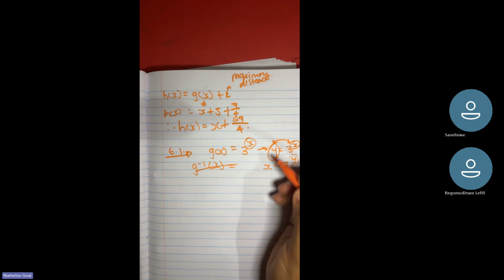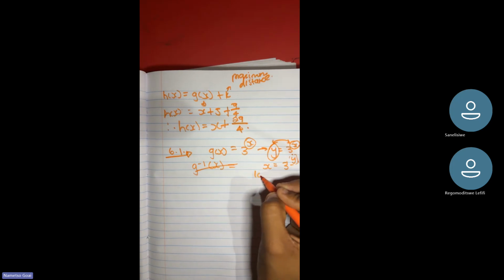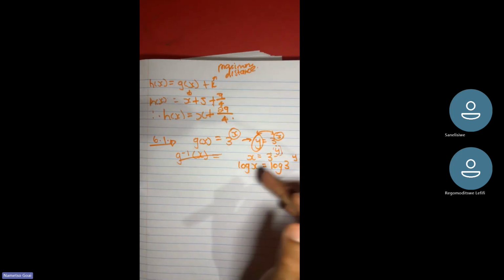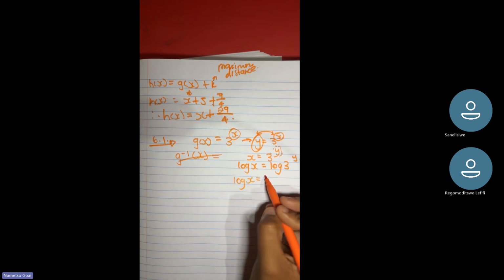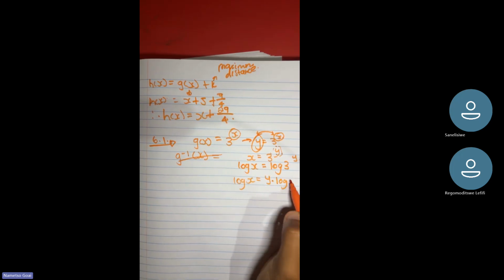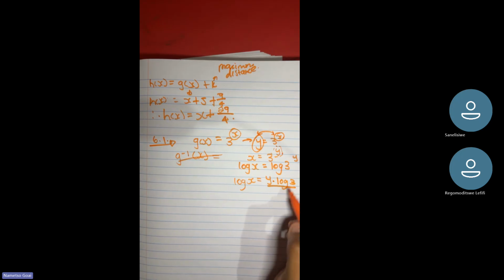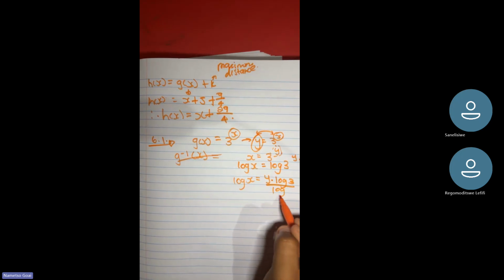So what can we do? Introduce logarithms. So we're going to have log x equals to log 3 raised to the power y. This log over here will bring down our y. So we'll have log x equals to y multiplied by log 3. Then we can divide both sides by log 3.